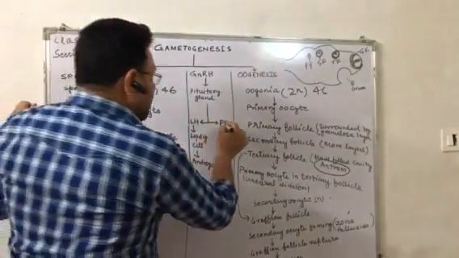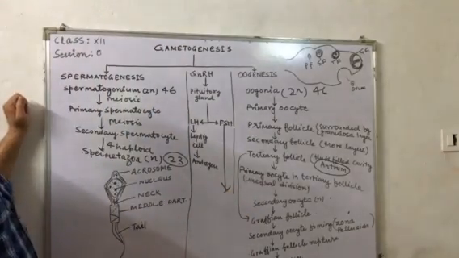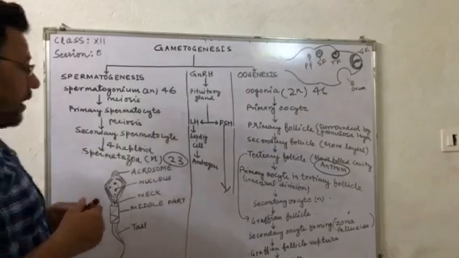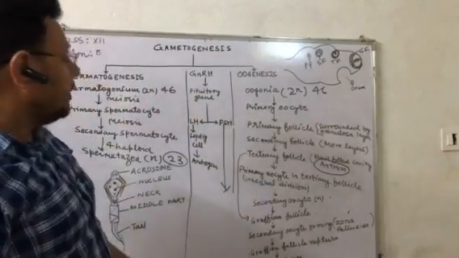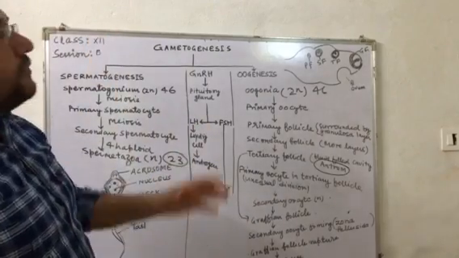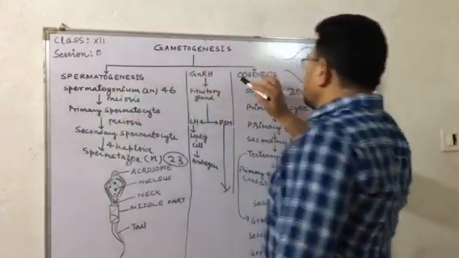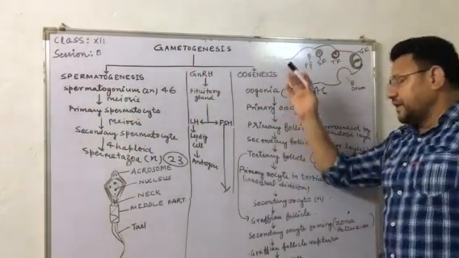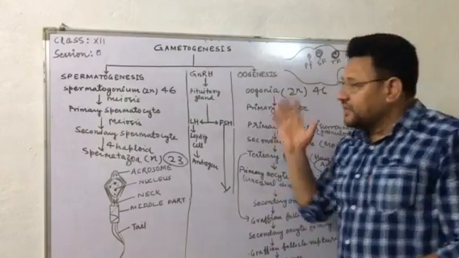What? Estrogen. Female hormone, estrogen. And this estrogen will govern or control the overall process of oogenesis in the case of females.